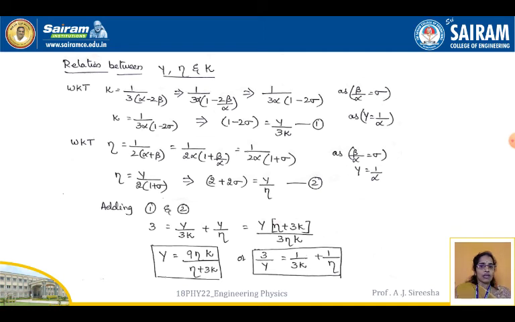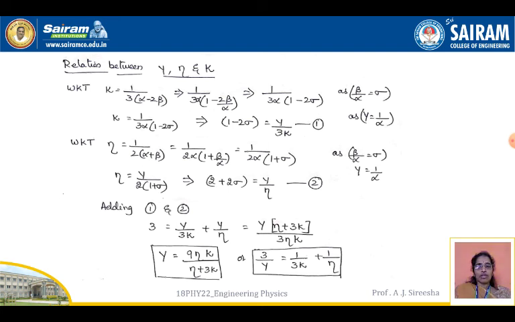So, the equation becomes 1 by 3 alpha into 1 minus 2 sigma. Rearranging the terms, 1 minus 2 sigma is equal to Y by 3K. This is equation 1. We know that 1 by alpha is nothing but Y, which we have derived earlier, so I write 1 by alpha directly as Y. So equation 1 comes into the picture here.